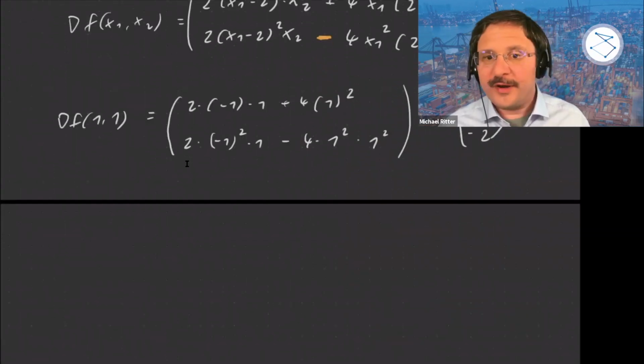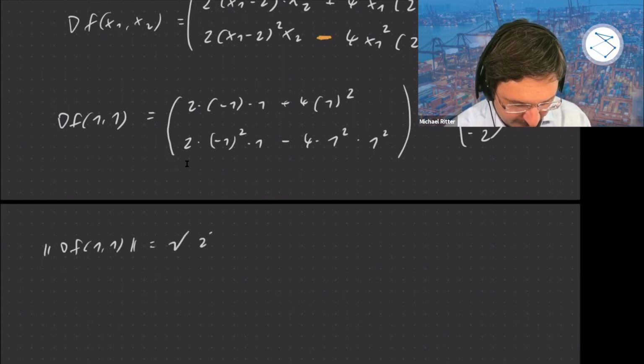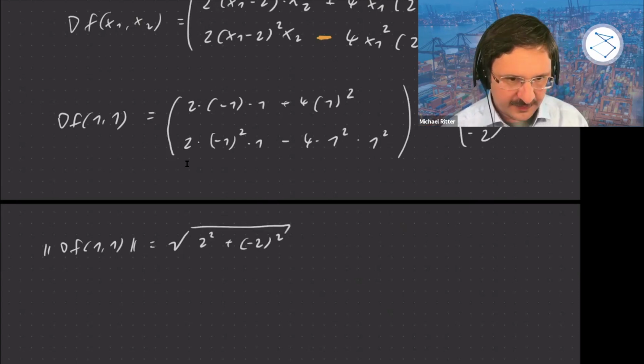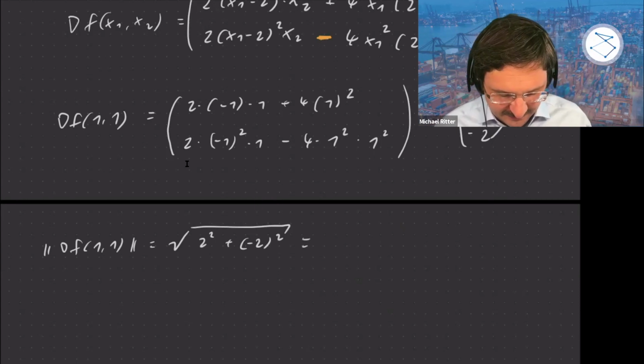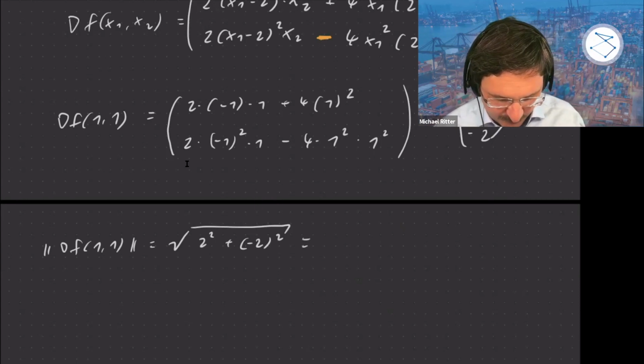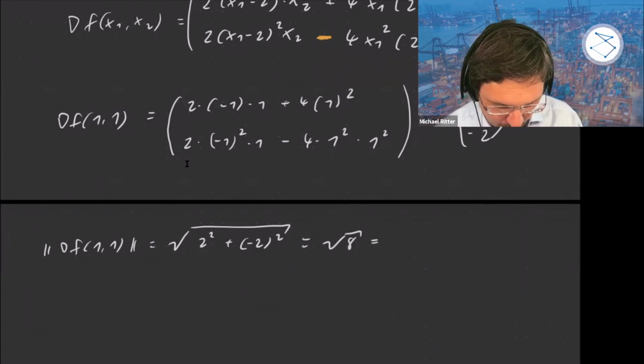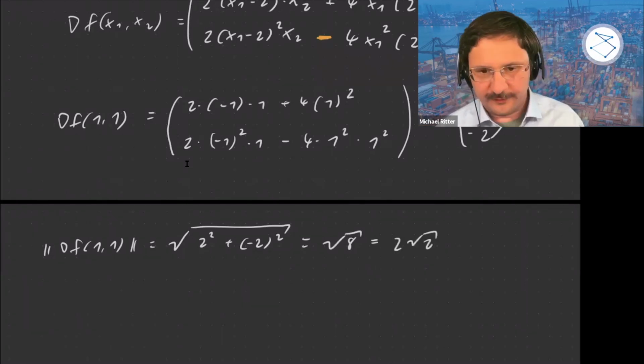And now remember, we need the negative gradient and we need it normalized. So let's compute the norm. That is the square root of 2 squared plus (-2) squared. Okay, so what we get is 4 plus 4, that's the square root of 8, or 2 times the square root of 2.